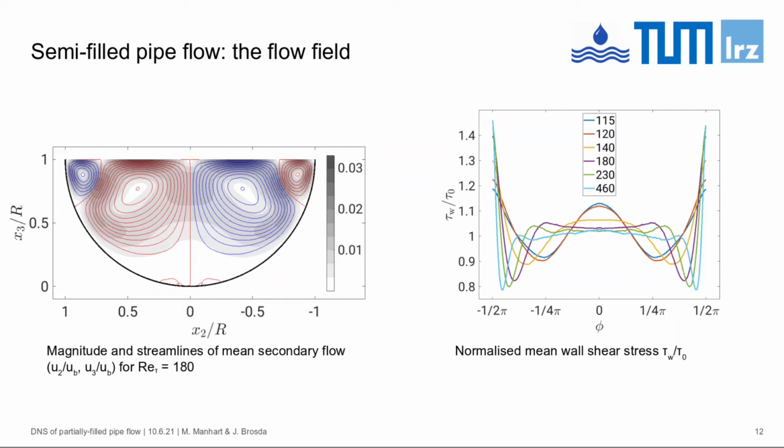And this was unknown before we did these simulations, because there were no other numerical simulations exploring this flow in such a detail, and also experiments were not able to represent these corner vortices so far.